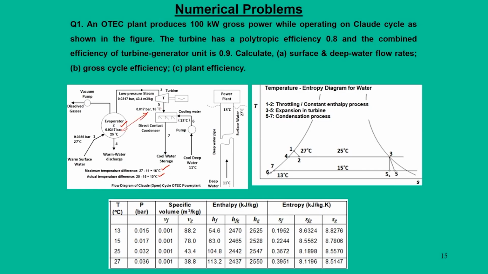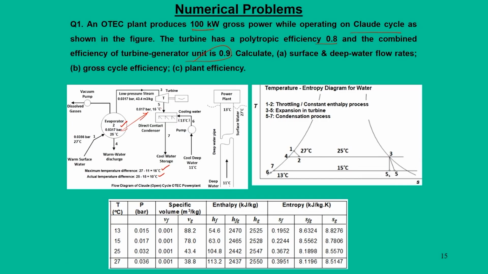Through this process there are irreversibilities, and due to these we have a polytropic efficiency for the turbine defined as 0.8, and the turbine generator unit has a combined efficiency of 0.9. Typically an OTEC system produces 100 kilowatt gross power while operating on Claude cycle.